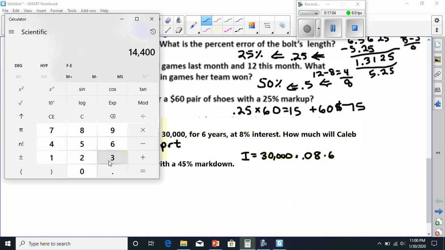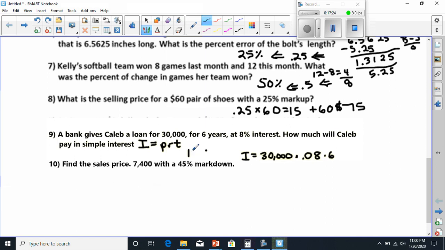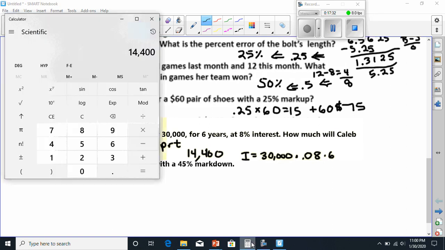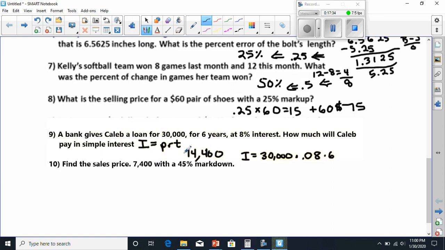We're going to take 30,000, multiply it to 0.08, and then multiply it to 6. That's going to give us 14,400. So the interest is going to equal 14,400. Let's make double sure of that. Yep, 14,400. That will be the interest that Caleb would pay.